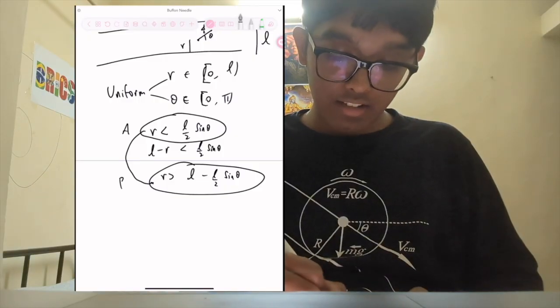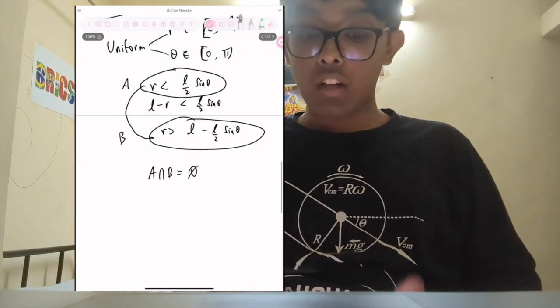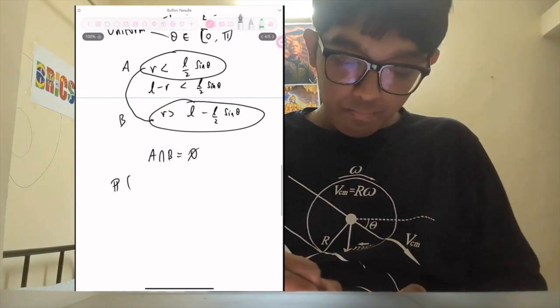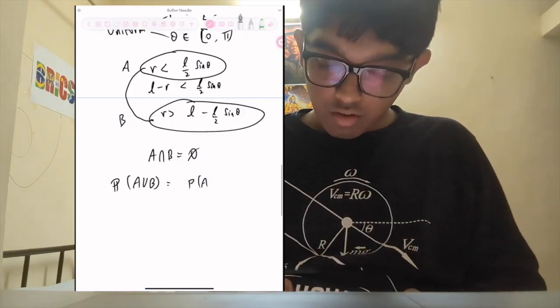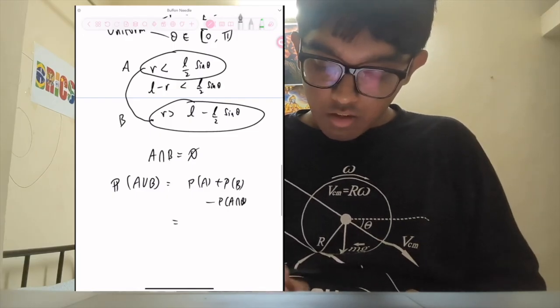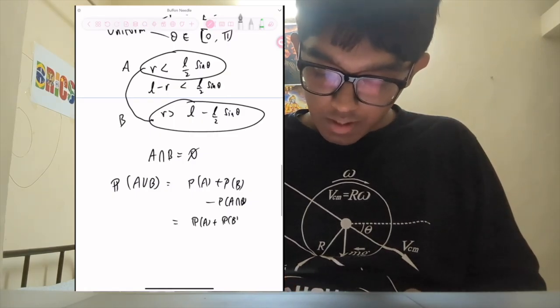Let's say this is event A, this is event B. A intersection B is a null set. So we could basically say the probability of A union B is equal to probability of A plus probability of event B minus probability of A intersection B, which is equal to probability of A plus probability of B.